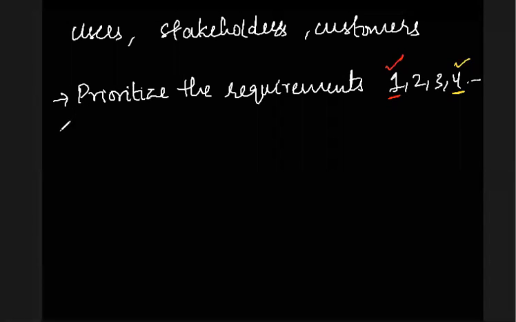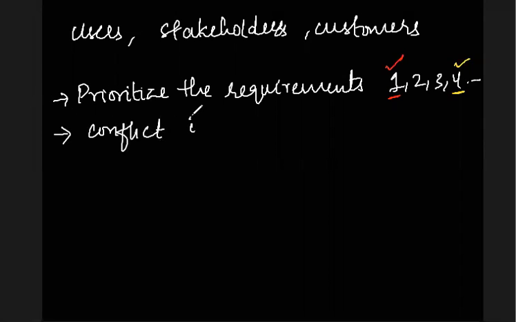Now, when all the users, stakeholders, and customers have prioritized the requirements, you're going to identify where the conflicts in prioritization are. For example, if one specific requirement is marked as 1 by the user and as 3 by the stakeholder, you identify the conflicts.